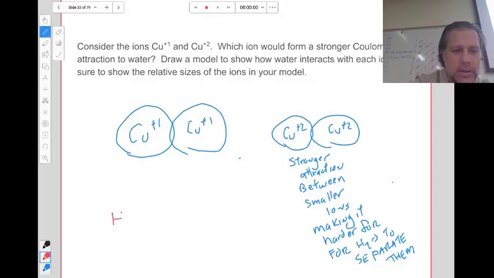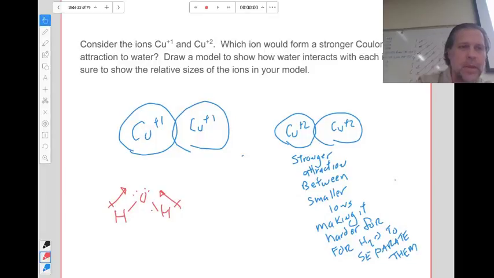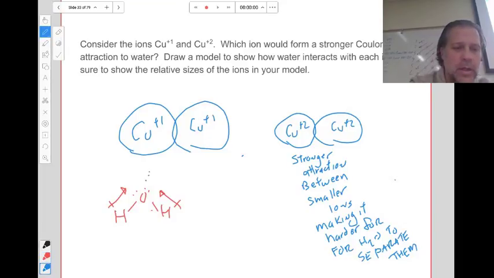So like in this case, this water molecule here, because this is the negative side, is going to be attracted to the copper ion, and they're going to both be attracted. It's just that there's going to be an easier separation because the ion is larger.